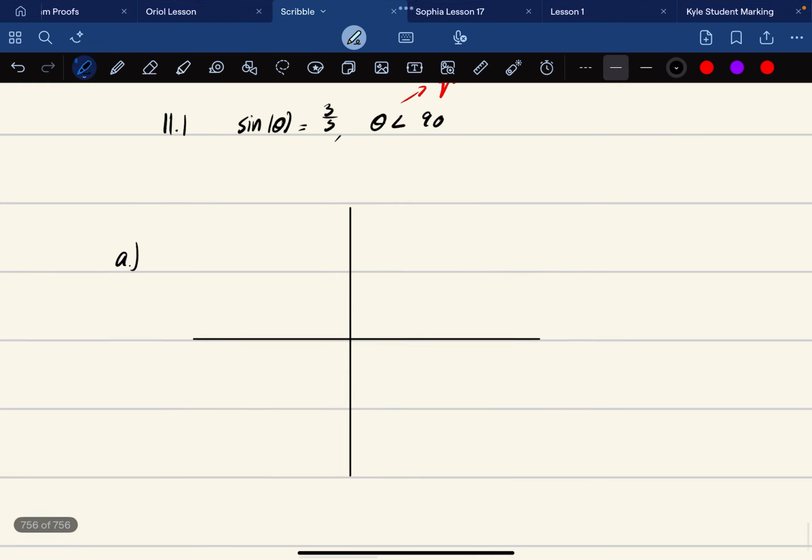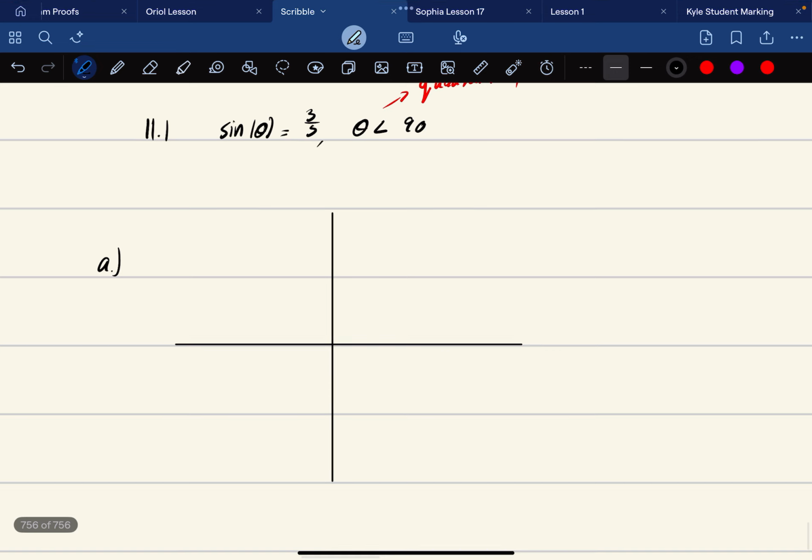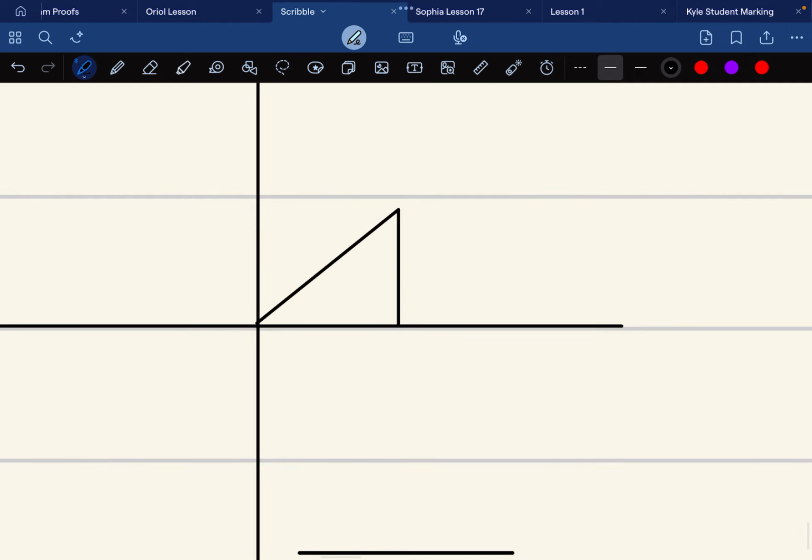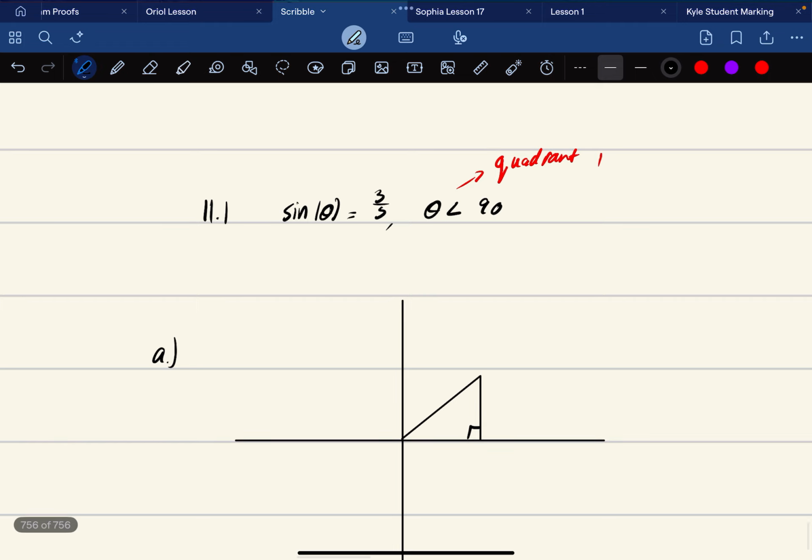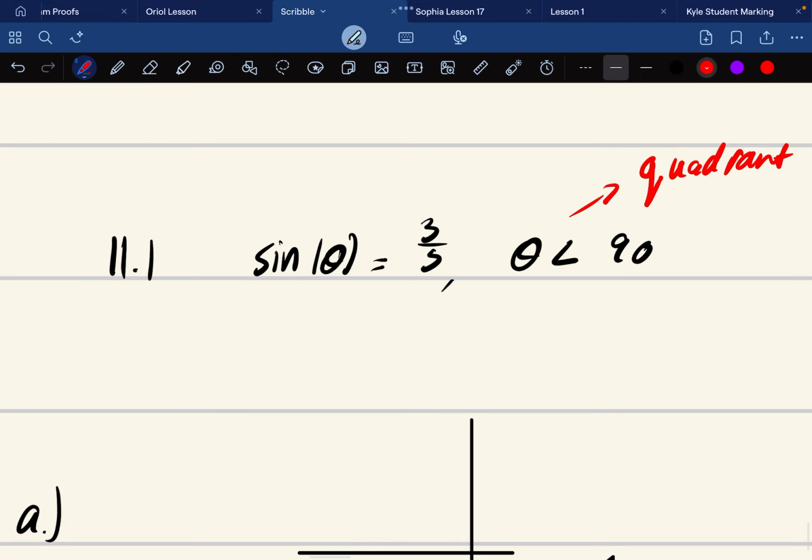It says represent the information in the diagram on the Cartesian plane. So it's going to look, now let me draw it nicely, something like that. The right angle here, and then sine we know is opposite over hypotenuse.